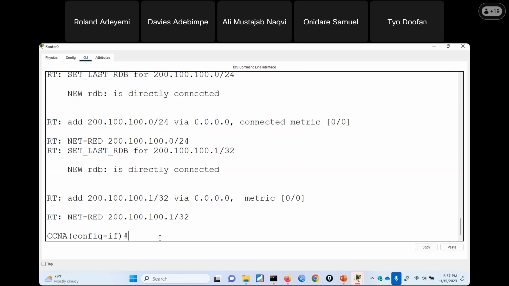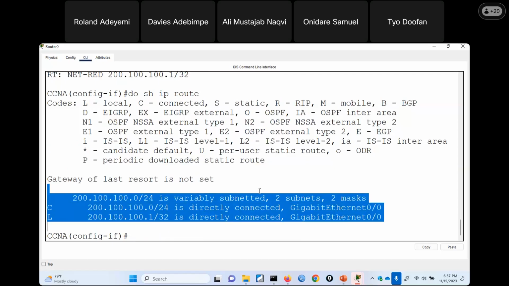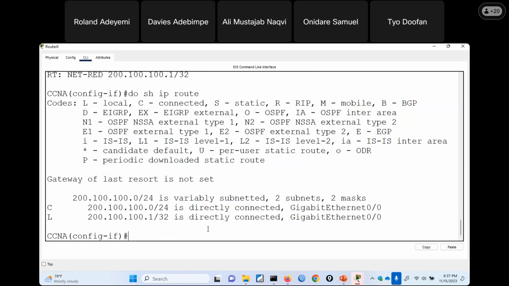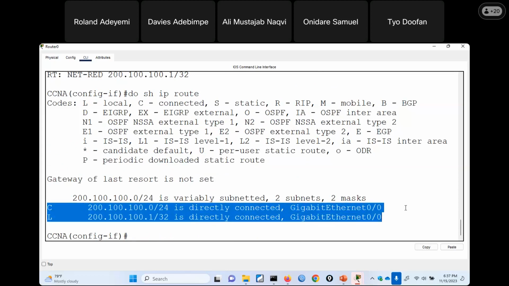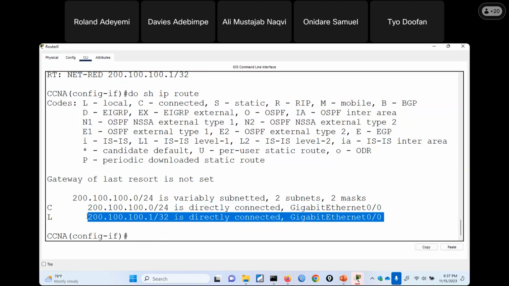So if I go back now and say do show IP route, you will see that the router is building the routing table already. It puts the directly connected network where that IP address came from in the routing table. The IP address that is on the interface itself is also in the routing table. This is one of the ways the router builds its routing table from directly connected networks.